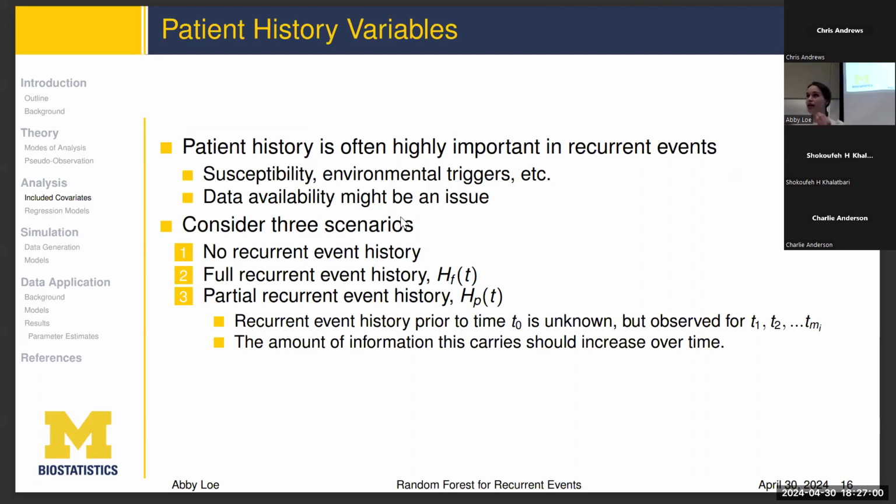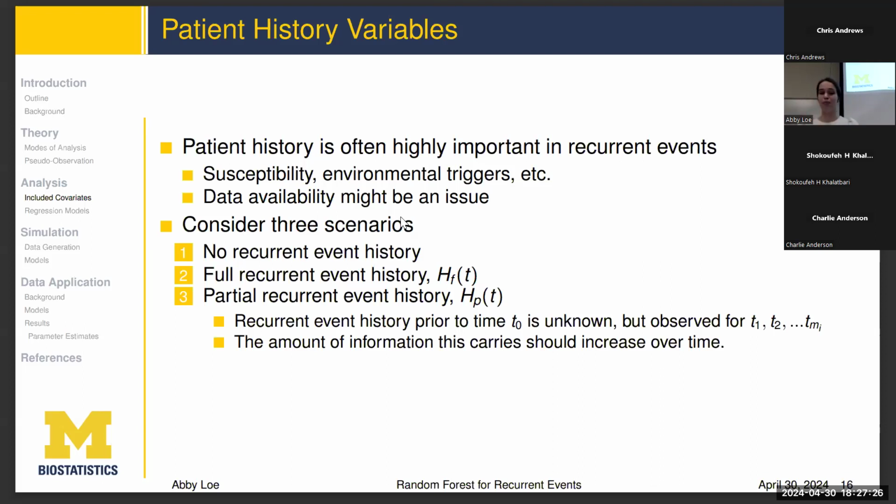So we might have a patient's full history, or we might have no event history on them. We might be analyzing some data where we just didn't record event history for a patient. Or we might not have your event history at enrollment, at time 0, but as time goes on we're recording your event history.